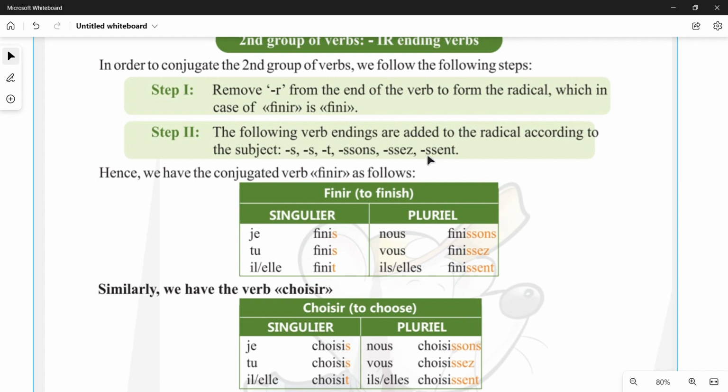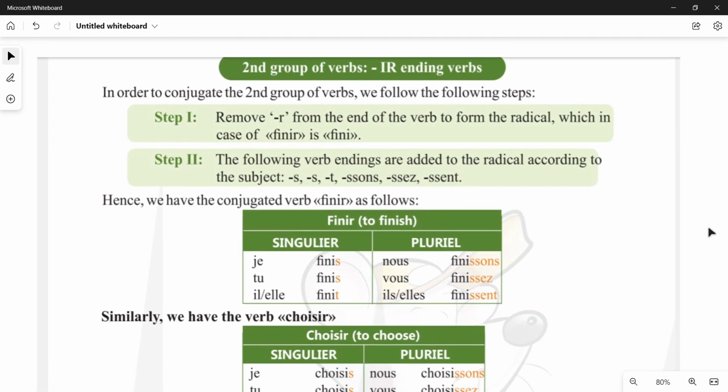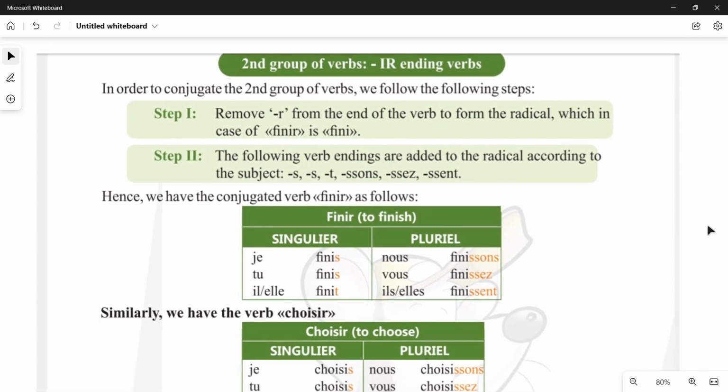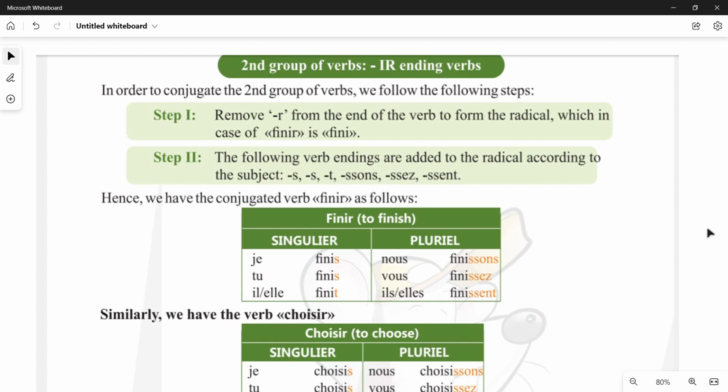So basically, if you want to learn how to conjugate first and second group of verbs, first of all you have to learn simply two steps. In ER ending verbs you have to remove ER from the end and add certain key endings, and in IR verbs again you have to remove R from the end and add these key endings. So you have to mainly learn the key endings, and you also have to learn which thing you have to remove.